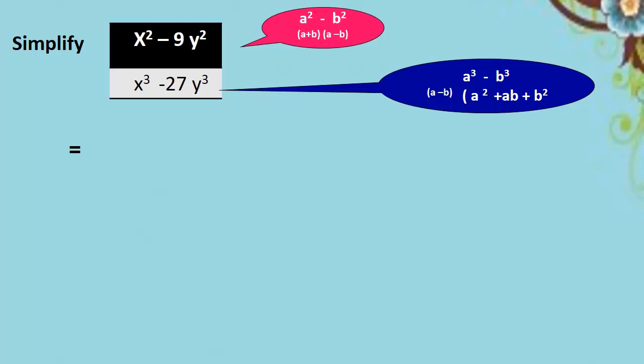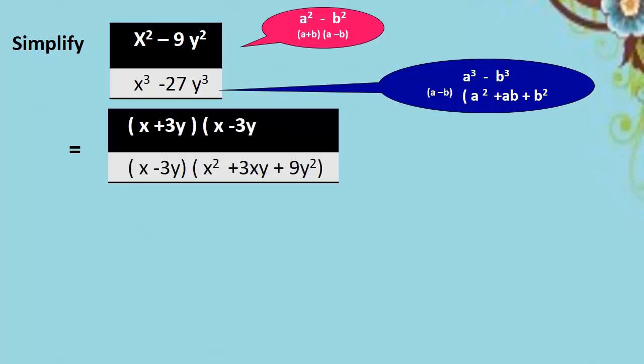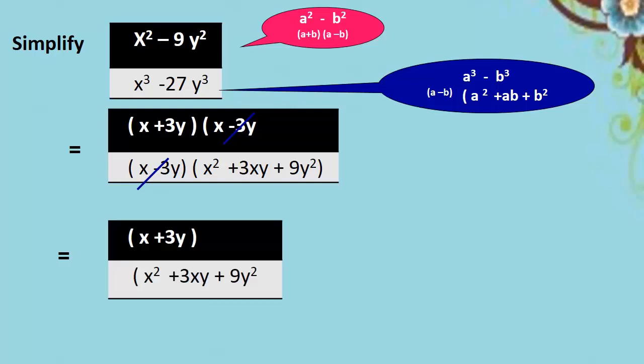So factors are (a minus b) into (a square plus ab plus b square). Using this formula, write the correct factors. Check also. Now again, look, x minus 3y is common and it is in the numerator and the denominator. So cancel. Now you can't cancel x and 3y over here, children. One is a binomial, the second is a trinomial. Keep it as it is.